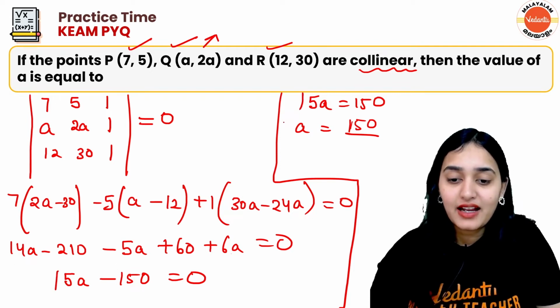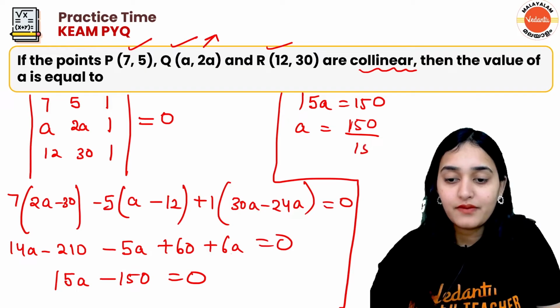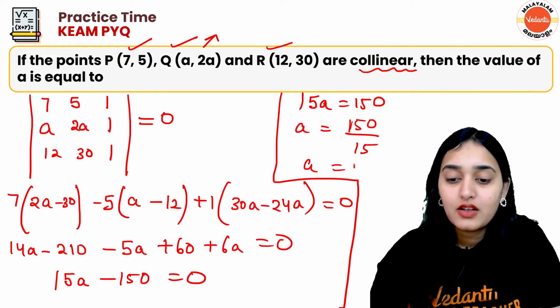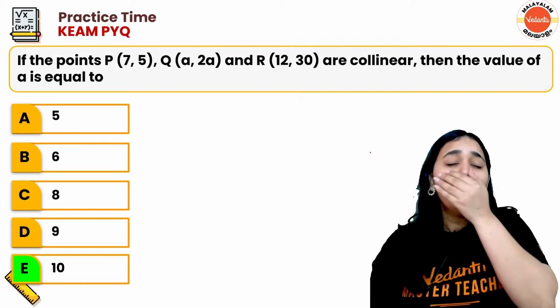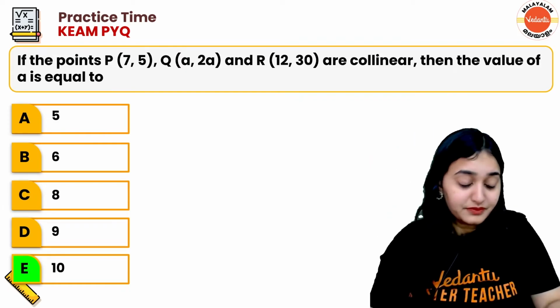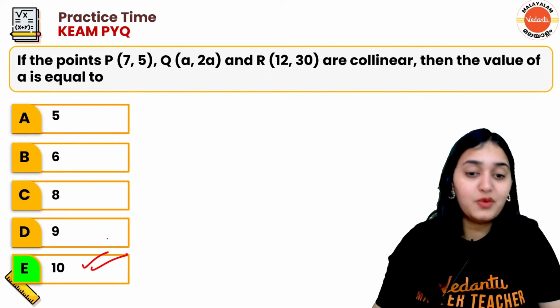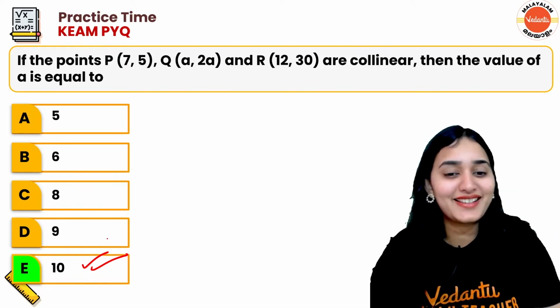So 15a, and minus 210 plus 60 is minus 150, is equal to 0. This implies 15a is equal to 150. So a will be 150 divided by 15. So a will be 10. So option E is the right answer.